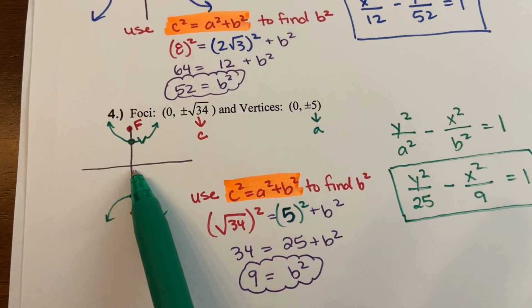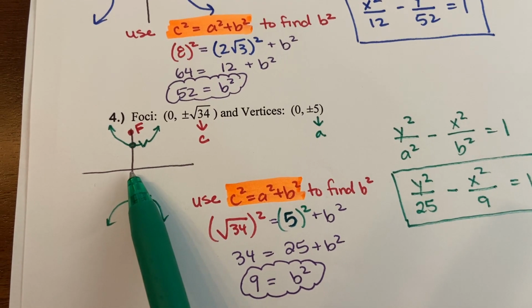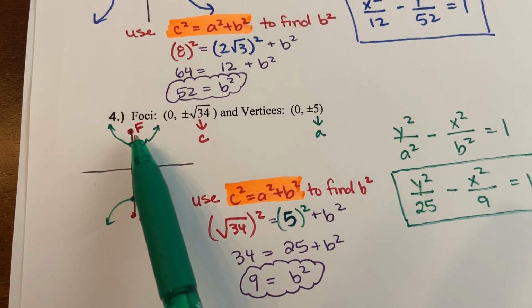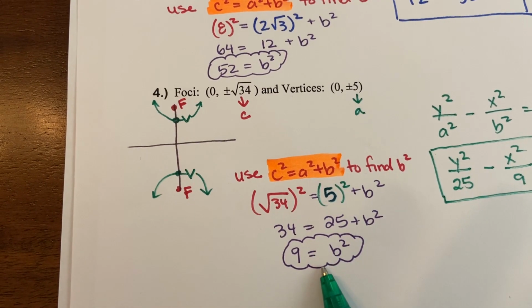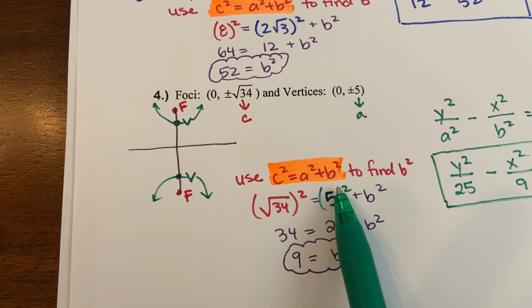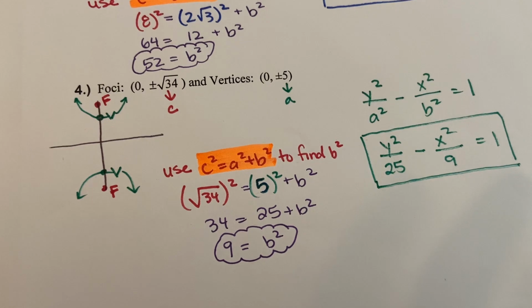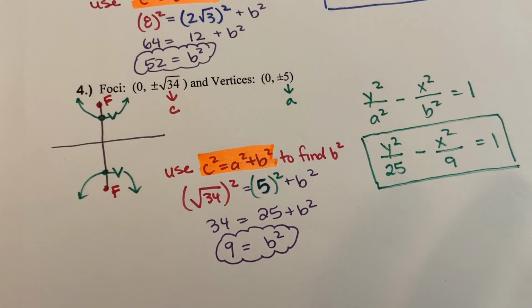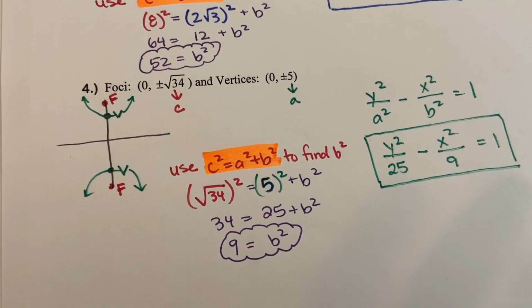We know that a is the distance from my center out to my vertex, and c is the distance from my center out to my focus. I can use this information once again to find my b by using c squared is equal to a squared plus b squared. And we finally get the equation y squared over 25 minus x squared over 9 is equal to 1.